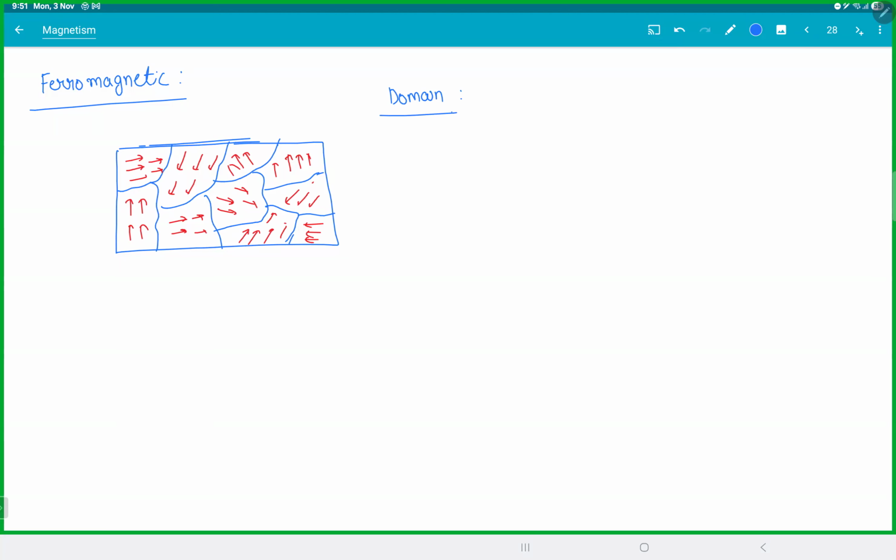So if you see, in diamagnetic each molecule had zero moment. In paramagnetic, each molecule had a dipole moment, but the net was zero because they cancelled out. In the case of a ferromagnet, each domain has a very strong magnetic field, but all these regions are random. These regions where all the dipoles are in the same direction are called domains.